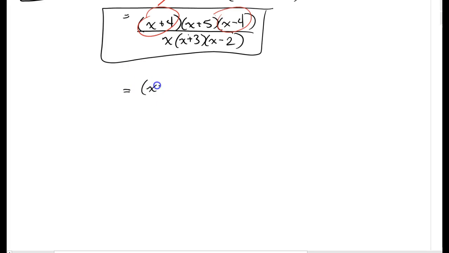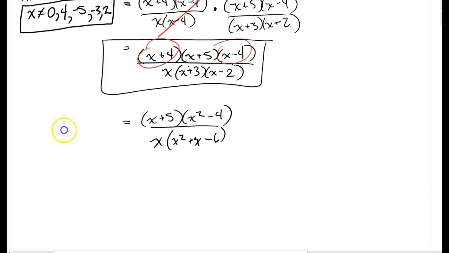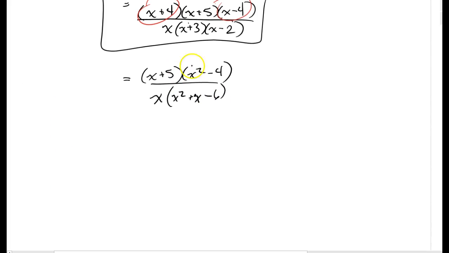So I'm going to write x plus 5 times x squared minus 4, all divided by x times, and I already know this one because it was actually my original question, x squared plus x minus 6.